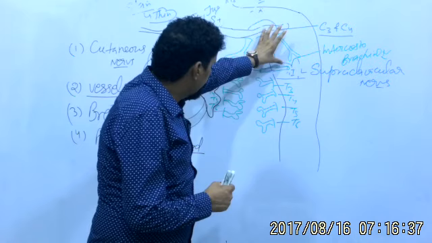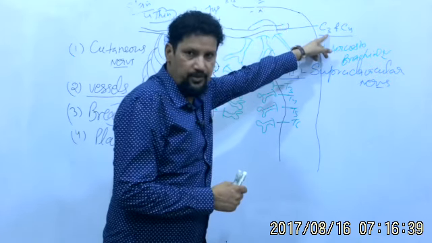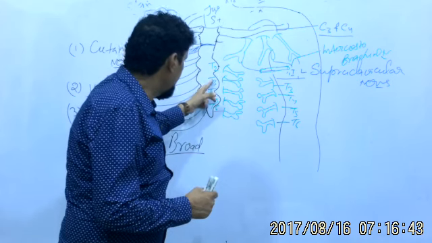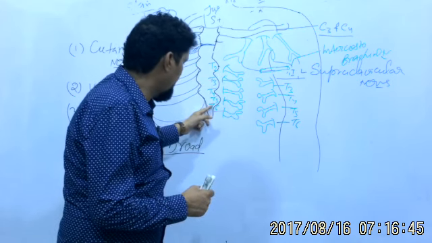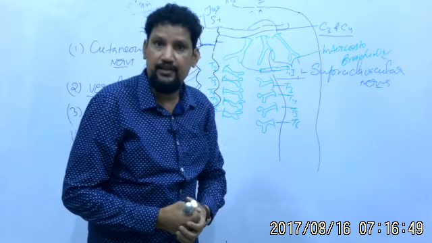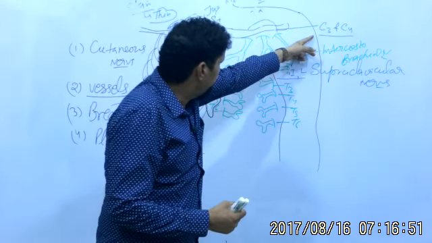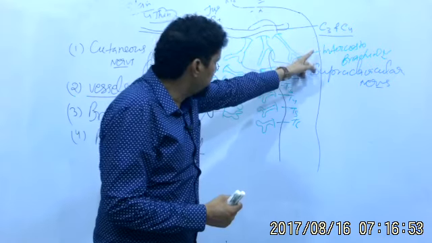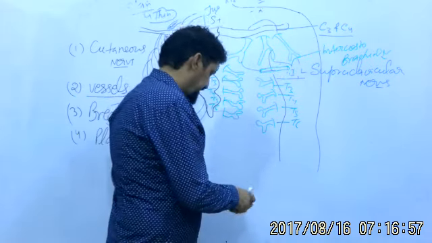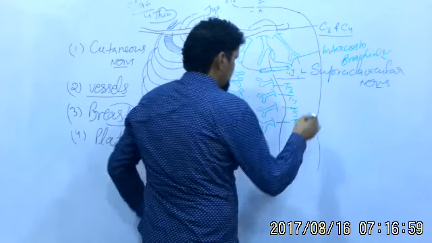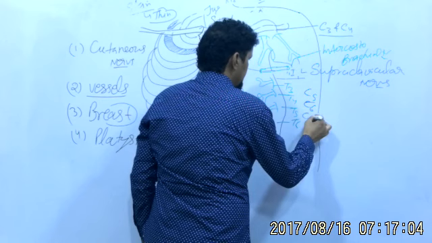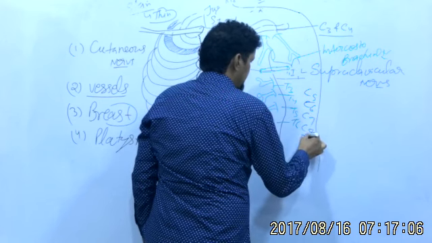This part is innervated by C3 and C4, and this part is innervated by T2, T3, T4, T5 and T6. So where are the intervening C5, C6, C7, C8 and T1?